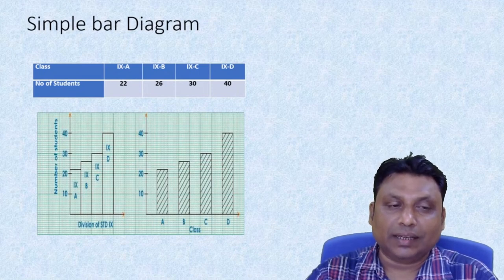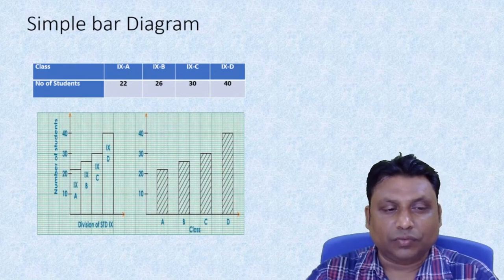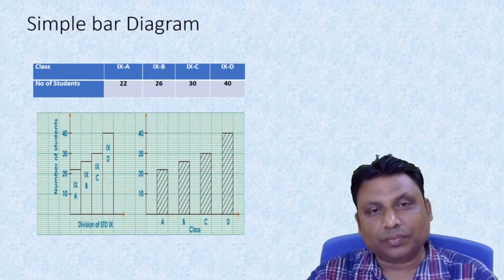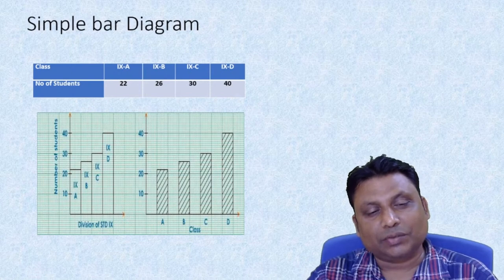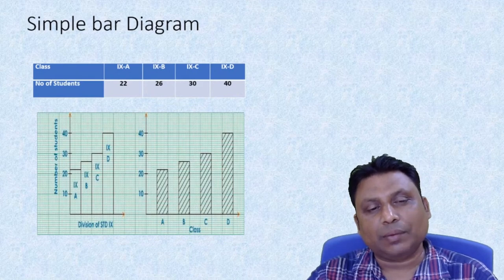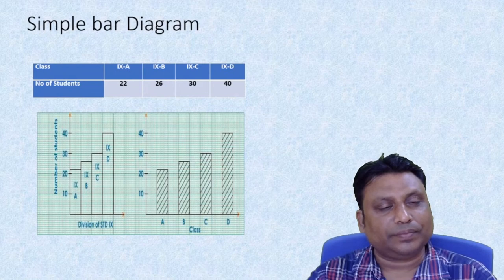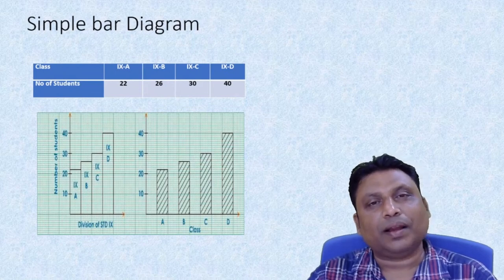Similarly, you can get class A value 22, class B value 26, class C value 30, class D value 40. So the first figure is one type of bar diagram and the second one is another type of bar diagram. You can do both, no problem. This type of diagram is called the simple bar diagram.